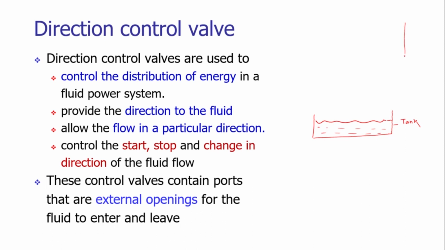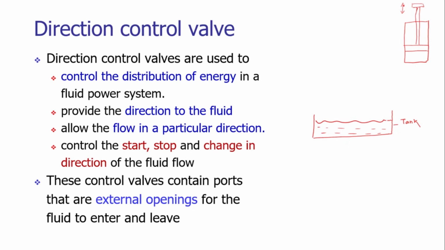And we are having an actuator. Let us consider a single acting piston cylinder arrangement. And at the end of the rod of the piston, we are applying the load. That load may be raised or that load may be lowered. And for that purpose, we need to carry out the hydraulic based operation.